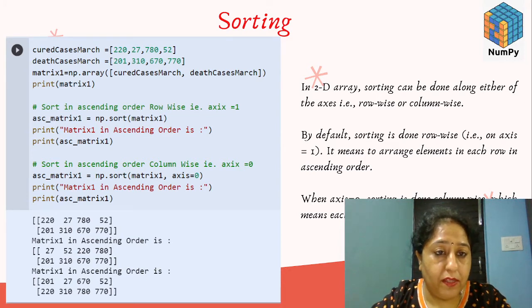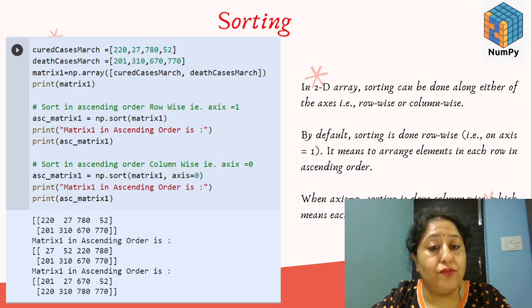Let us talk about this matrix 1 again. When you write np.sort matrix 1, it will sort matrix 1 in ascending order with axis equals to 1. That means it will do sorting row-wise.